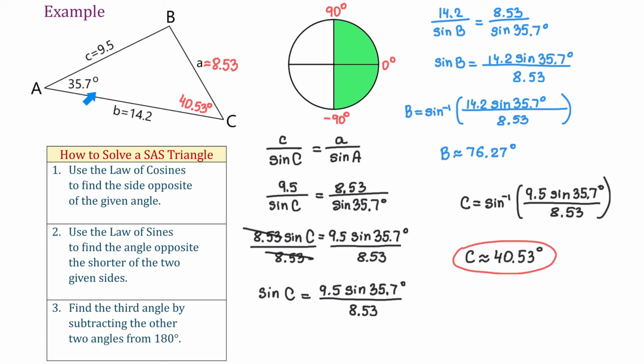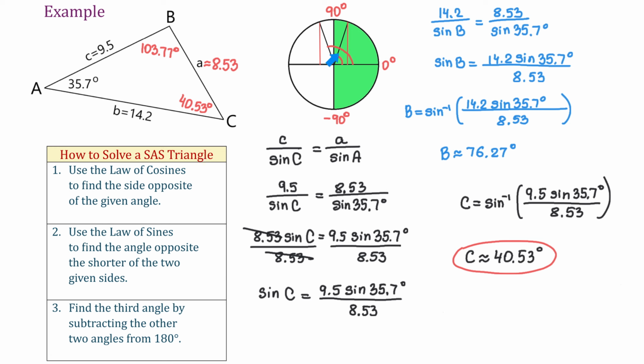If we go and subtract these two angles from 180 degrees, we will see that angle B is approximately 103.77 degrees. So then, why is the calculator displaying 76.27 degrees? First of all, this angle is in the range between negative 90 degrees and positive 90 degrees.